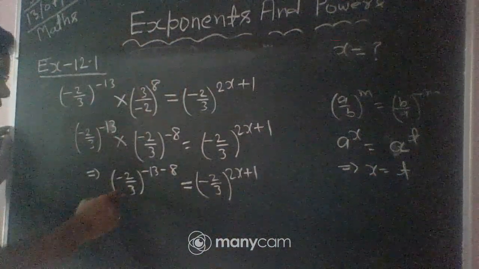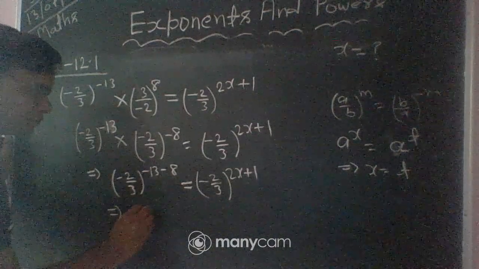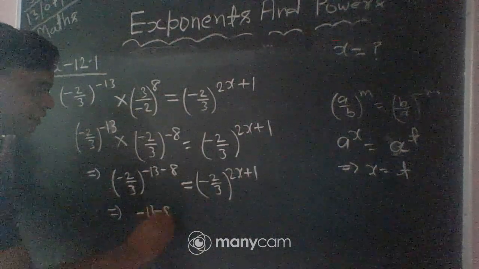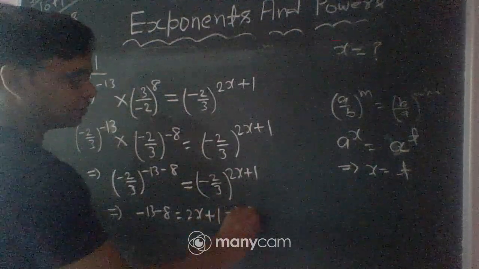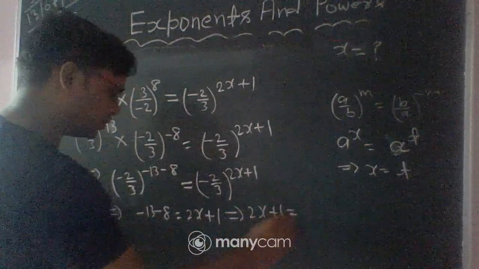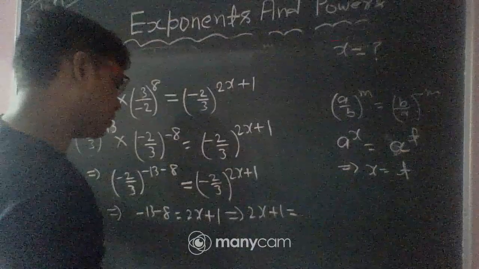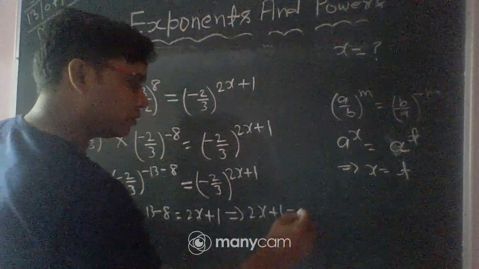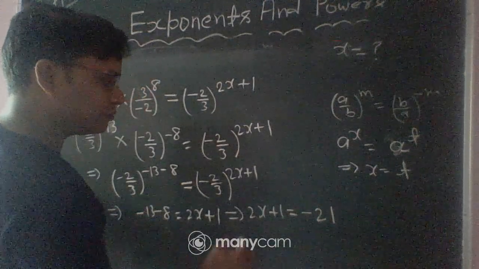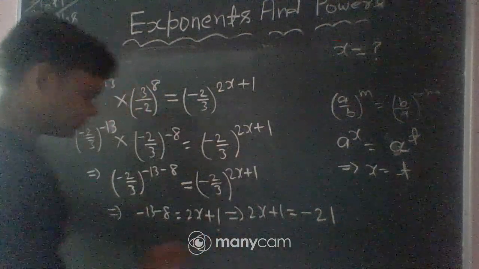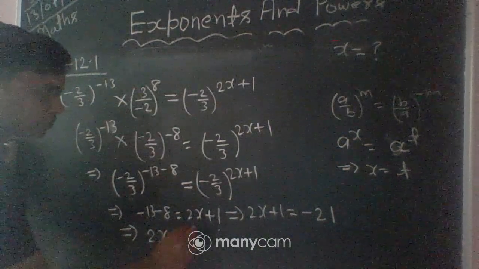Clear? So here you can say bases are equal, so this implies that minus 13 minus 8 is equal to 2x plus 1. Or you can write 2x plus 1 is equal to minus 13 minus 8, which is equal to what? Minus 21. So 2x is equal to minus 21.